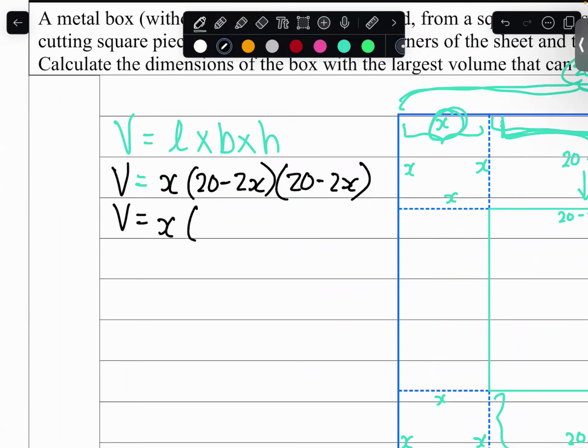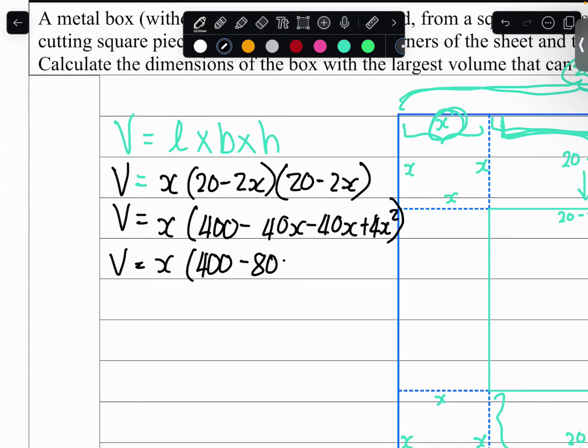This is going to give me 400 minus 40x minus 40x plus 4x squared, which gives me x times 400 minus 80x plus 4x squared. Distribute that in. That gives me 400x minus 80x squared plus 4x cubed.